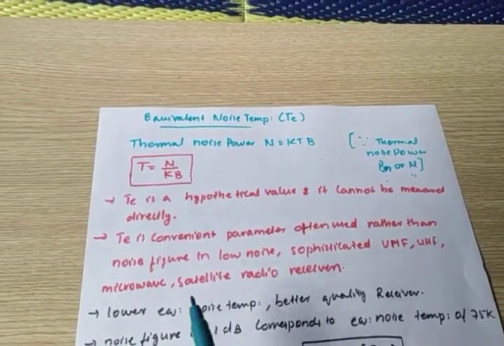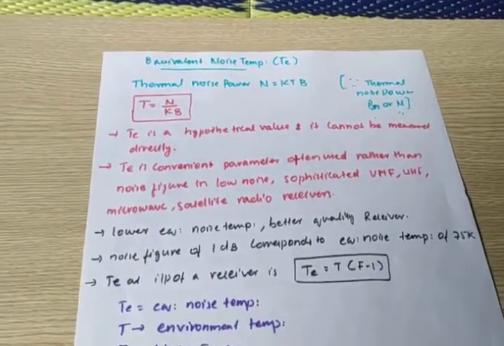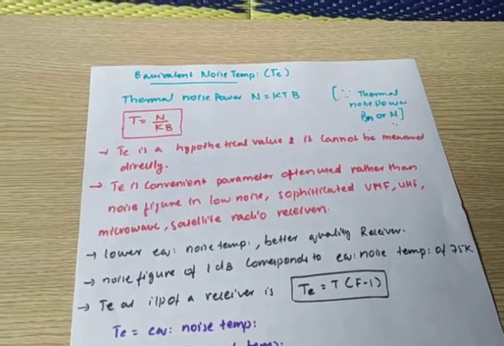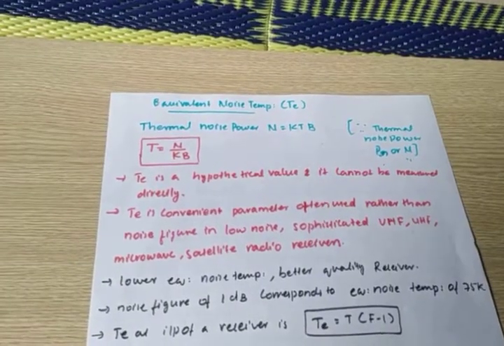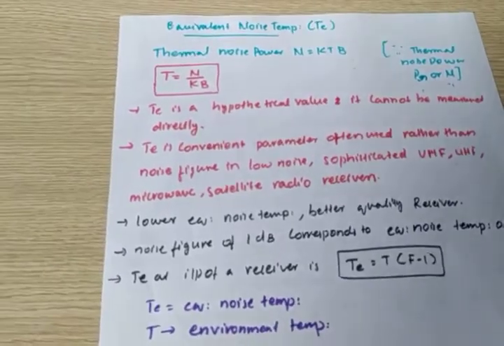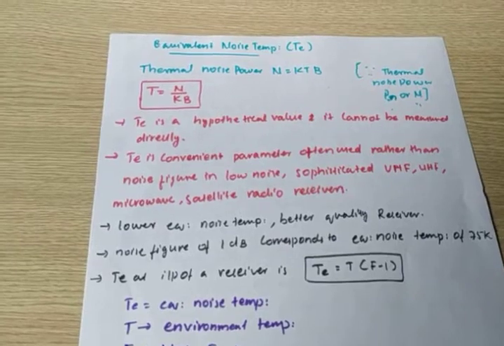Te is more convenient in those cases. As the noise equivalent temperature is less, that means a better quality receiver.